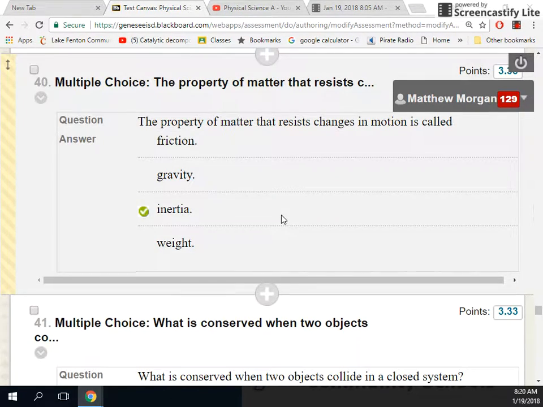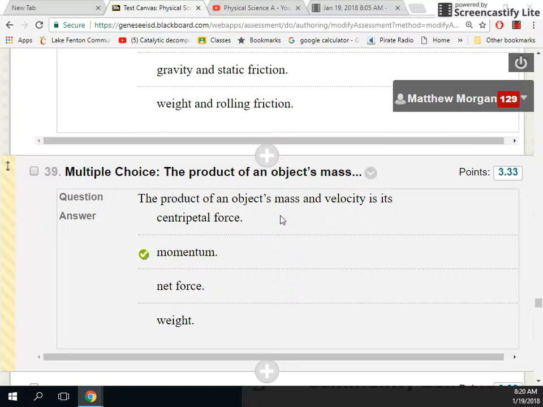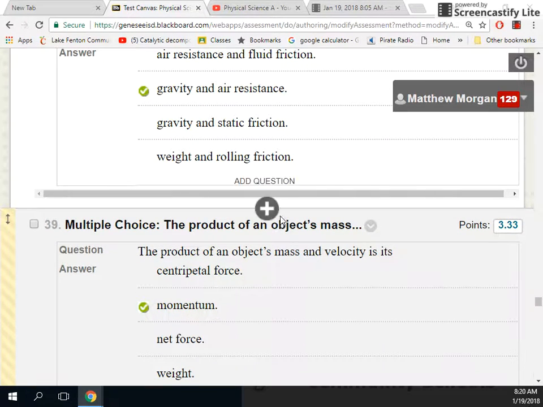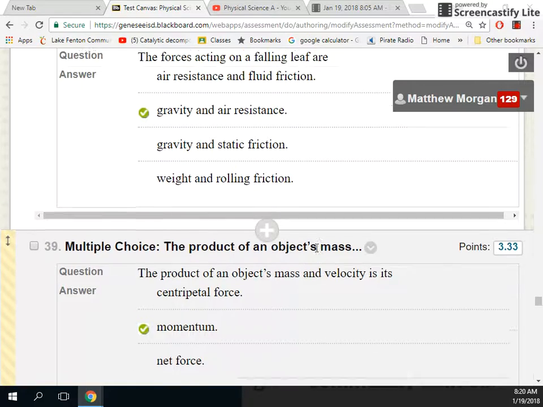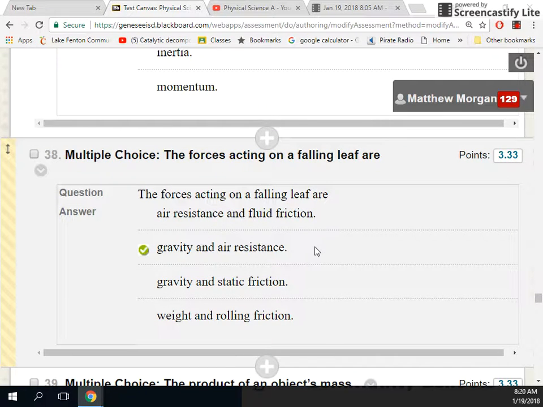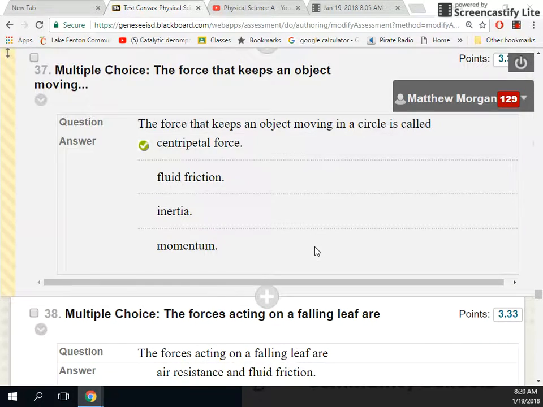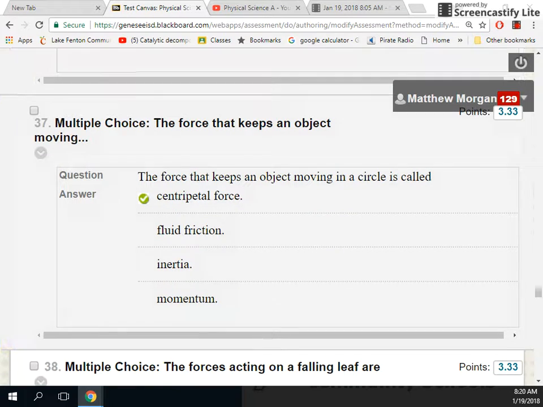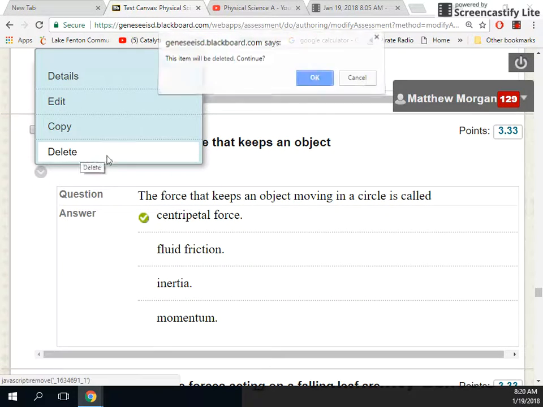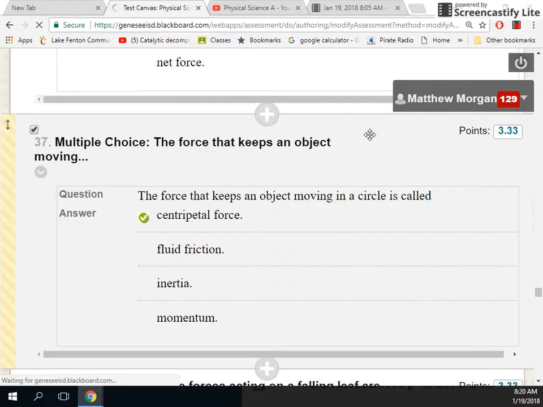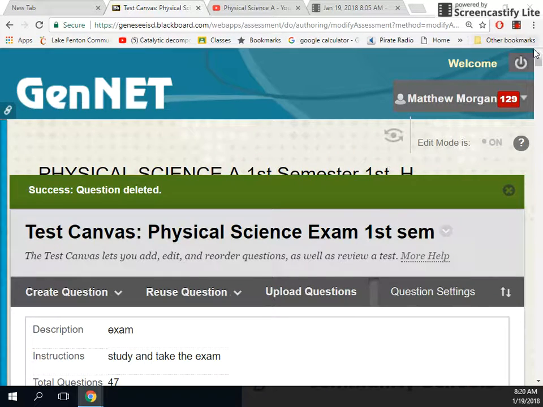I'm trying to think. All of these we've spent extensive time on. You know what? We're getting rid of this one. Even though we did the pendulum, we're getting rid of that one.